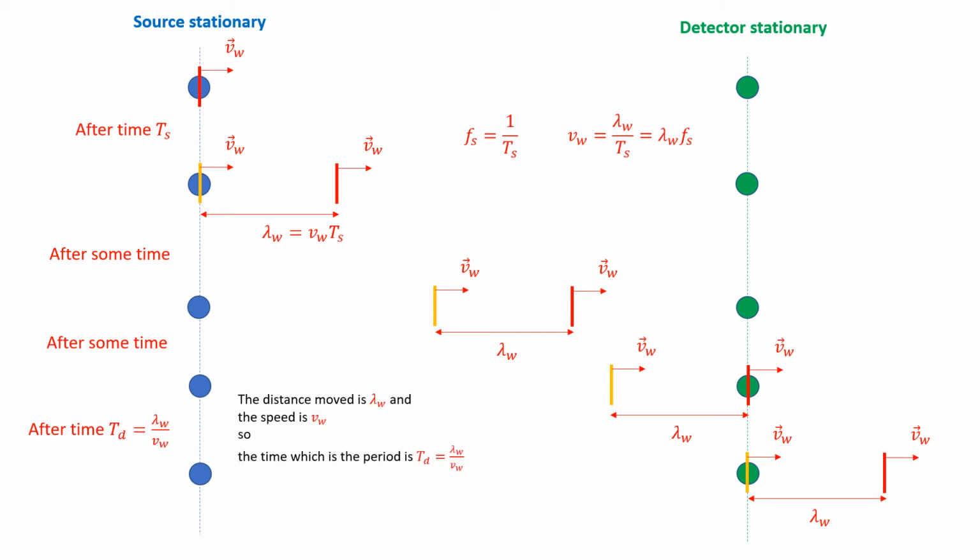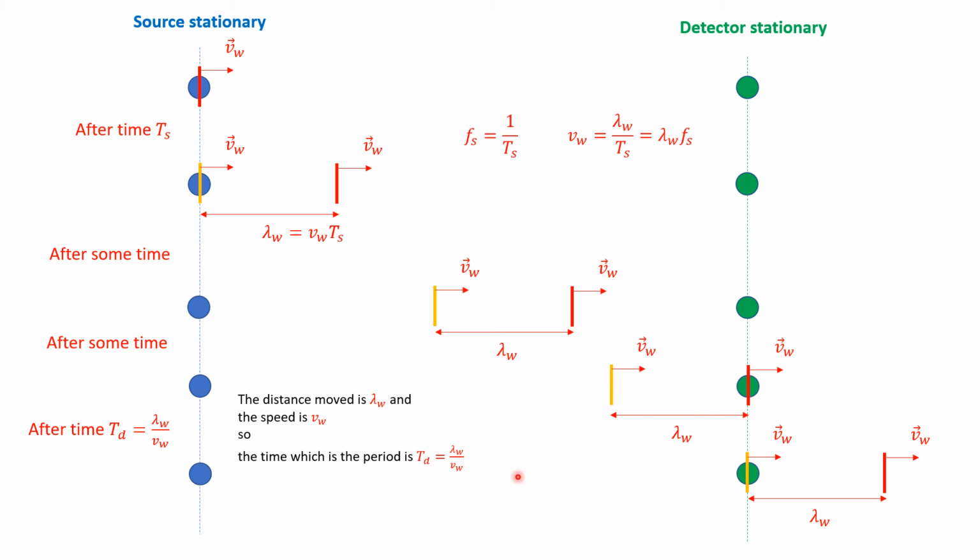Okay. So the distance that the second wavefront moved during this amount of time is one wavelength, and it was moving at a speed vw. And so the time it takes for the second wavefront to go between this point and this point, which happened during a time td, is the distance over the speed.